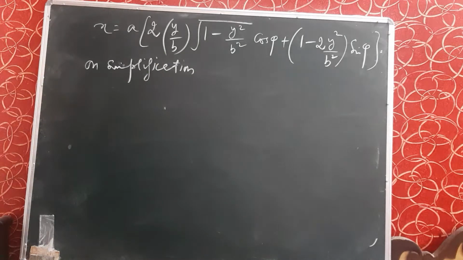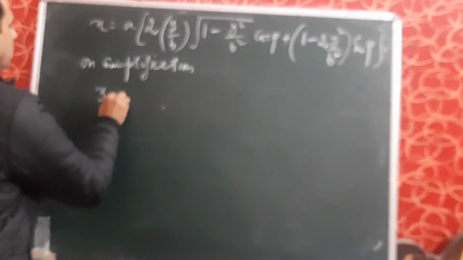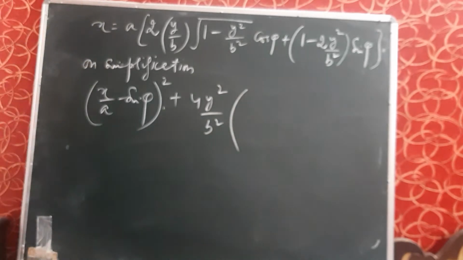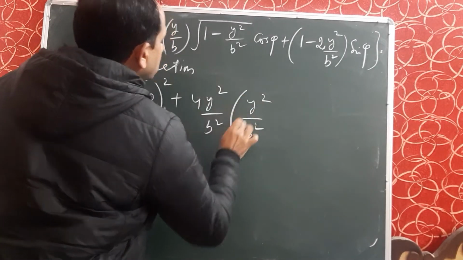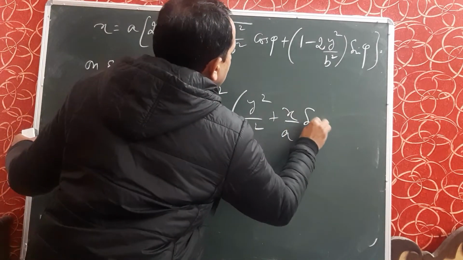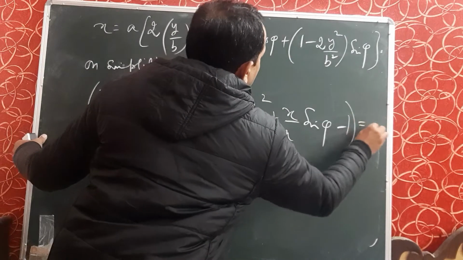So you can do this mathematical solution from the book and rearrange this equation, and finally you will find that (x/a − sin φ)² + 4(y²/b²)(y²/b²) + (x/a) sin φ − 1 = 0.